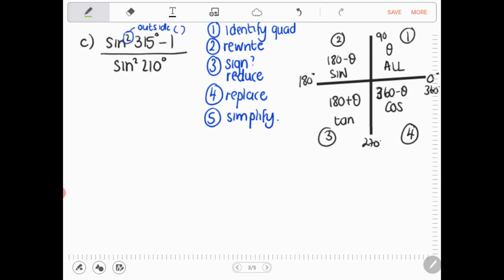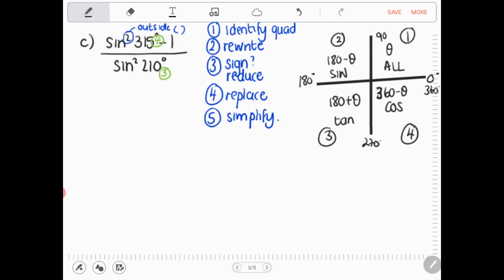So identify the quadrant. 315 is in the fourth quadrant. It's between 270 and 360. So this is a fourth quadrant angle. 210, well, 210 is between 180 and 270. So this is a third quadrant angle. So I've identified the quadrants. Now I need to rewrite them.